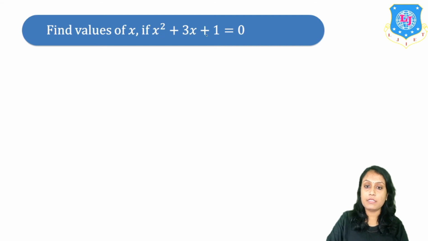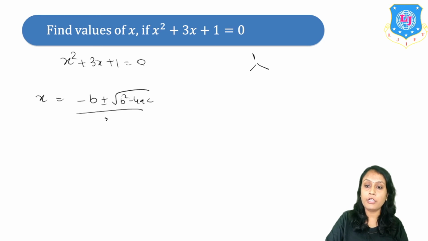If x square plus 3x plus 1 equal to 0 is given, and we need to find x. Okay, so x square plus 3x plus 1 is equal to 0 is given. So we have 1, and we need factors such that their addition is 3. This is not possible. Okay, so to solve this type of example, we will use this formula to find the roots, that is minus b plus or minus under root b square minus 4ac upon 2.